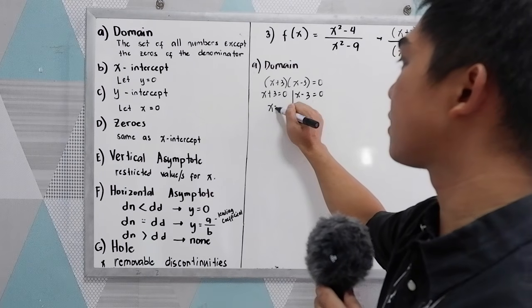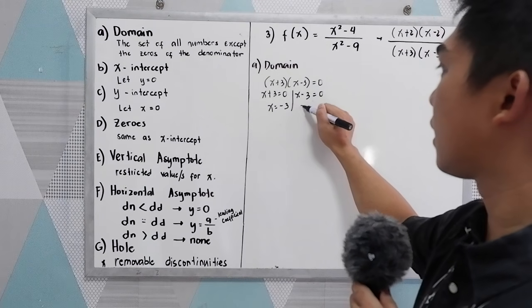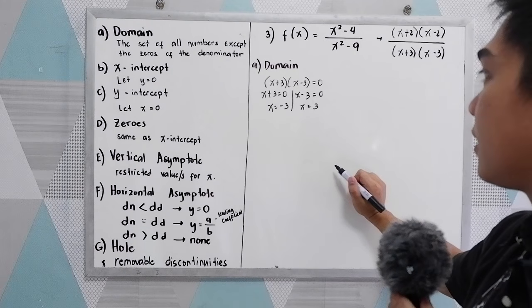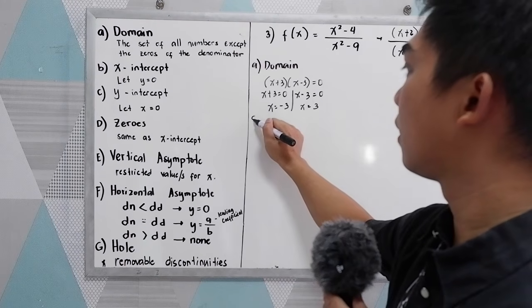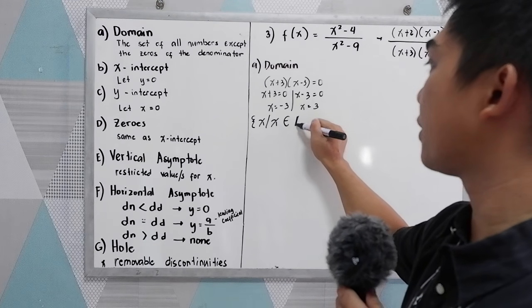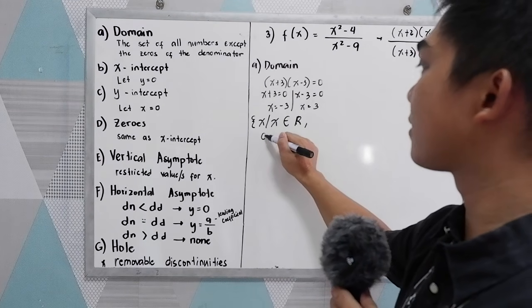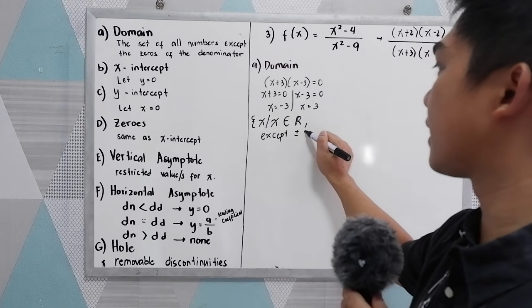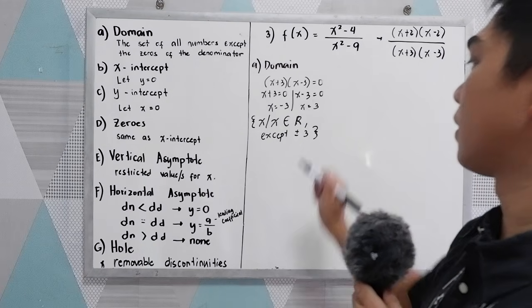So we have x is equal to negative 3 and x is equal to positive 3. For our domain, x such that x is an element of real numbers except positive, negative 3.